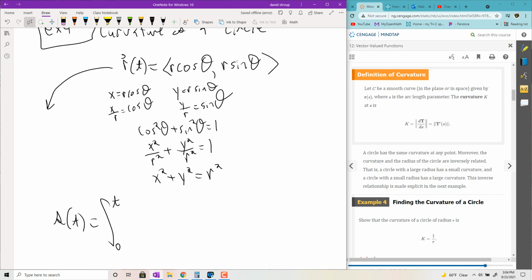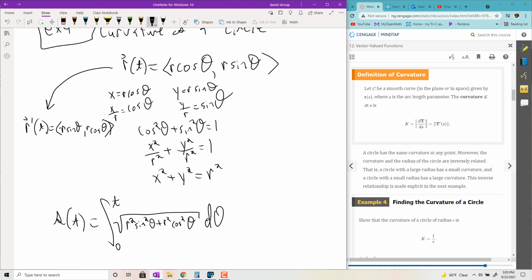I'm going to need to take the derivative of this to pull this off. R prime of t is going to be negative r sine theta comma r cosine theta. So this will be the square root of r squared sine squared theta plus r squared cosine squared theta.